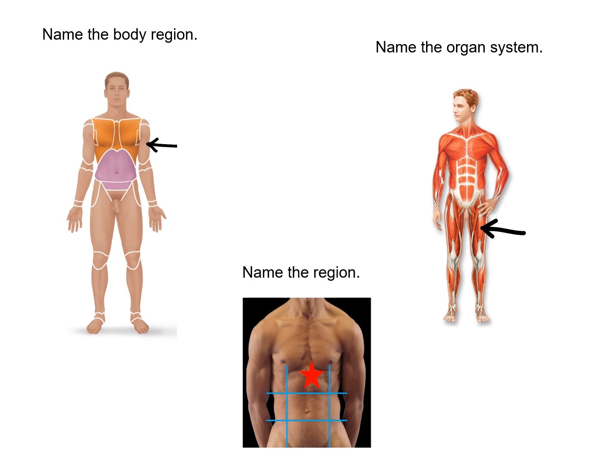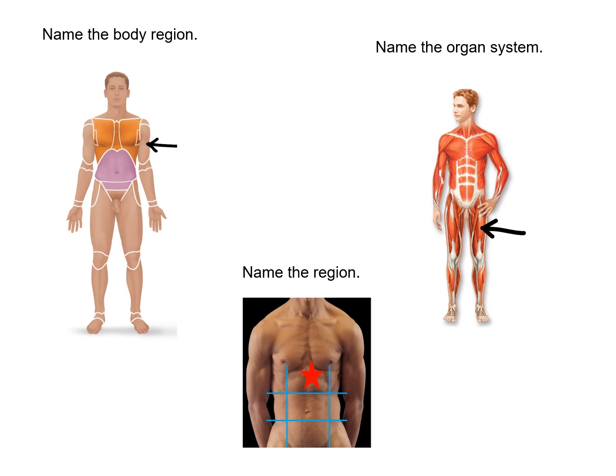So you have to know that this is the brachial region, that this is the epigastric region, and that this organ system, which includes all of the skeletal muscles, is the muscular system. And so this is how you're going to be tested on your quizzes as well as your lab exams or lab practicals.